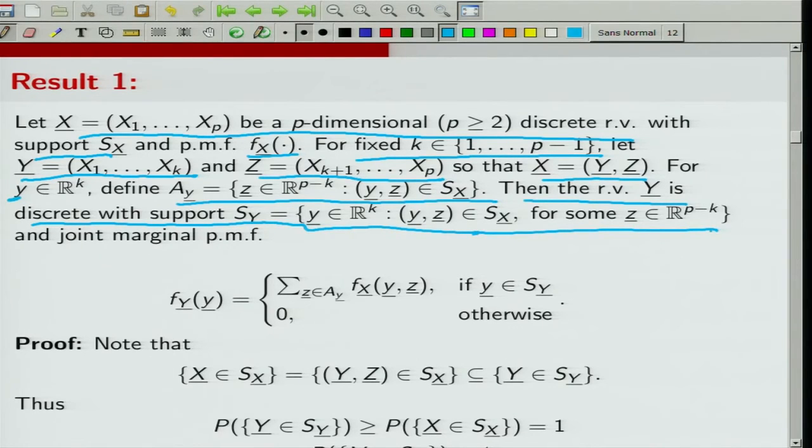So, when I look at a part of X, the marginal distribution is discrete, and the support is the collection of all those y belonging to R^k such that (y, z) is in S_X for some z belonging to R^{p-k}.